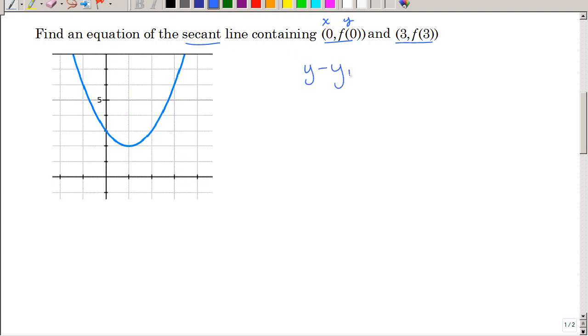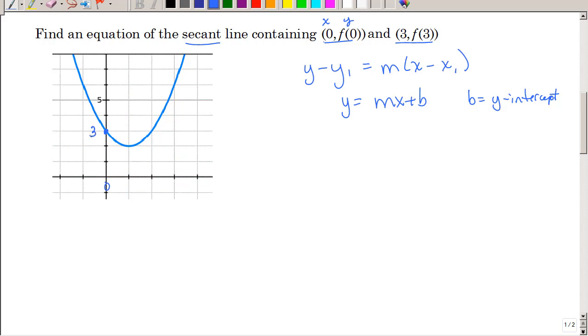So we have y minus y1 equals your slope times x minus x1. I could also use the formula perhaps y equals mx plus b, as long as I know b is the y-intercept of the line.